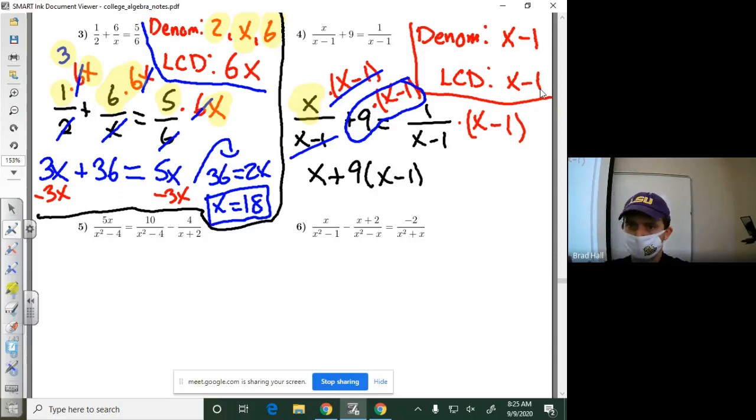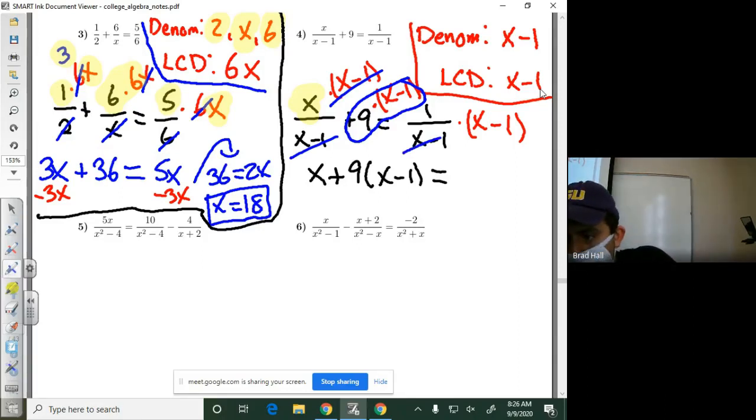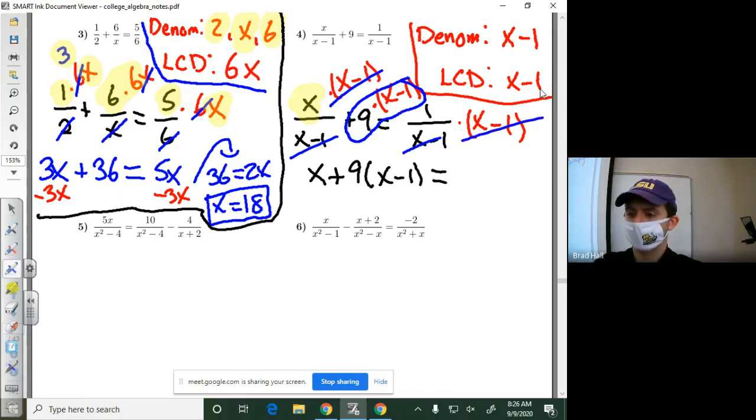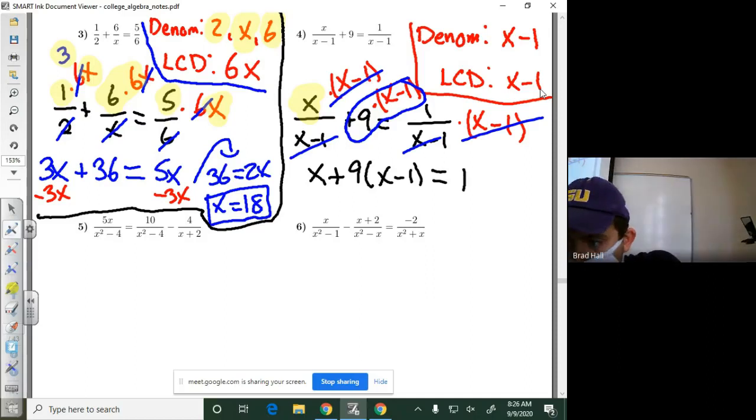But there's no cancellation here. It's just 9 times x minus 1. I'll leave it at that for now. And then I see an equal sign. And then for this last fraction, we are guaranteed that the x minus 1 in the denominator will cancel. What does it cancel with? The x minus 1 in the numerator. We are left with 1. Not 0, but 1. I see this mistake all the time.